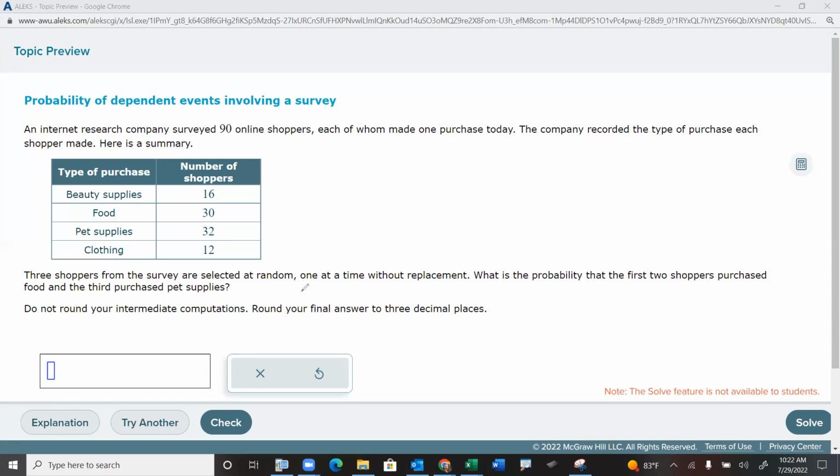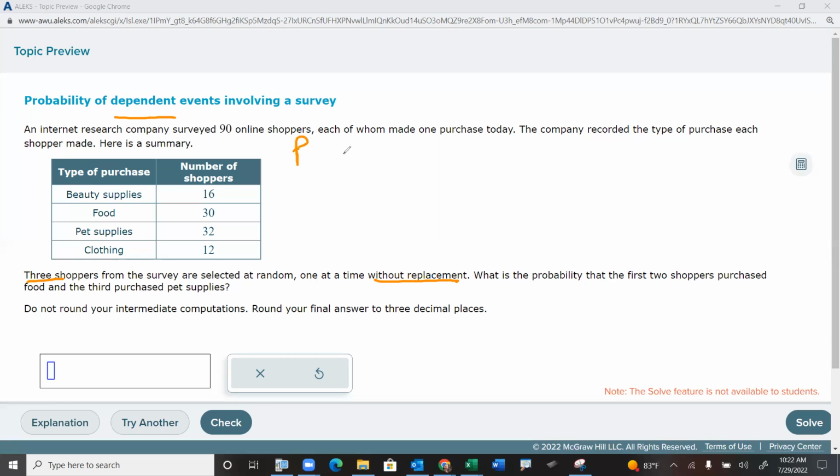Okay, 3 shoppers from the survey are selected at random, one at a time, without replacement. So without replacement, it's like that last problem we did where we drew out a card and did not replace it back into the deck. Hence, dependent events. What's the probability that the first 2 shoppers purchased food and the third shopper purchased pet supplies?